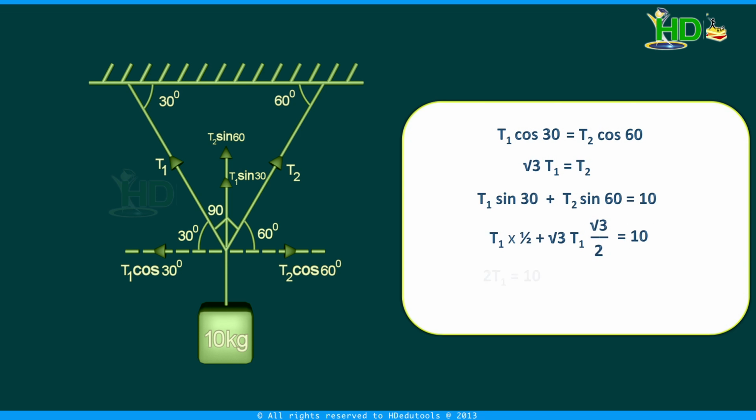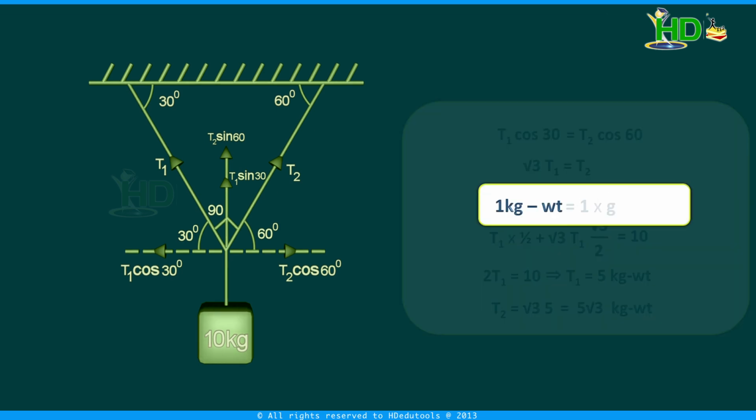From this we get 2 T1 is 10 and T1 equals 5 kg weight, and T2 equals root 3 into T1, that is root 3 into 5, 5 root 3 kg weight. 1 kg weight is 1 into the value of acceleration due to gravity g, that is 9.8 Newton. These are some models related to equilibrium.